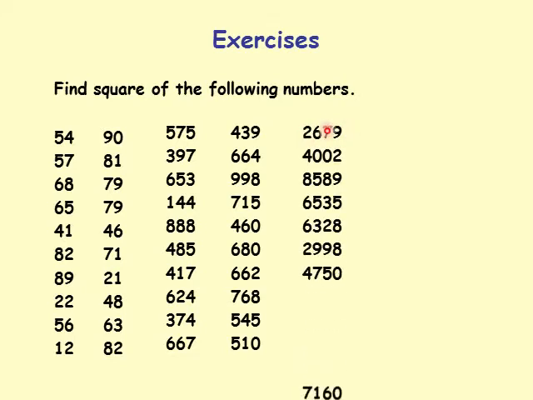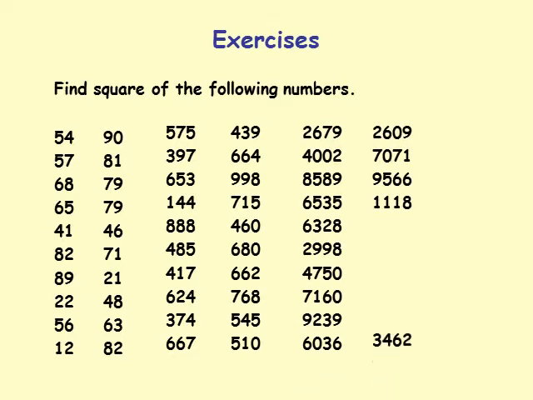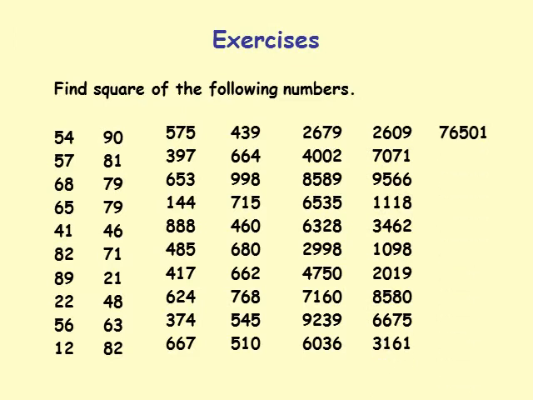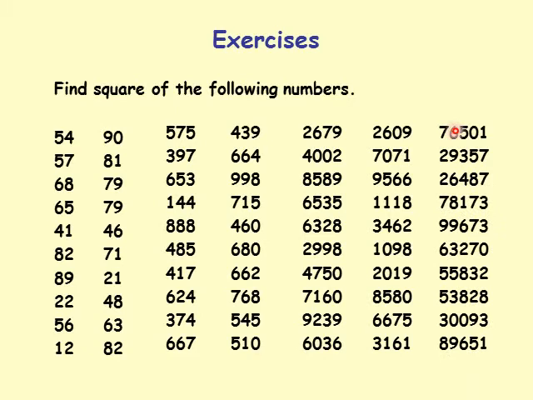A four digit number, 2679, and some more. A five digit number, 76501, and some more. Okay, that's it.